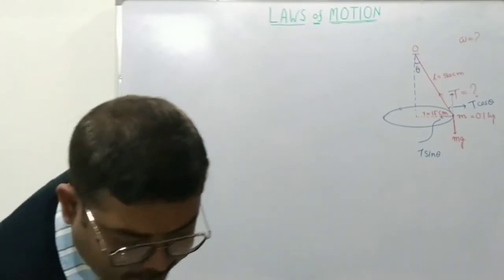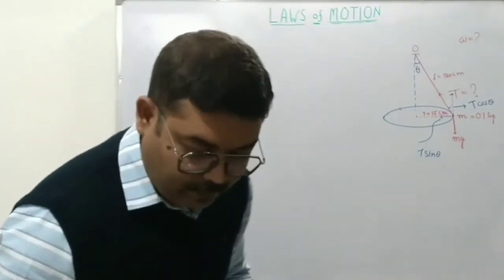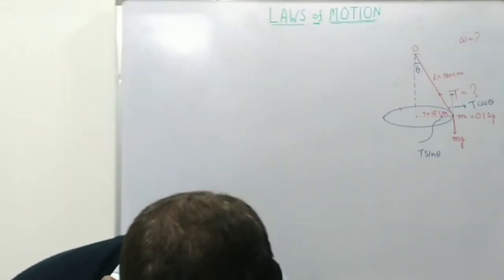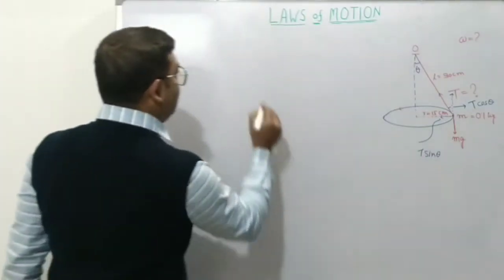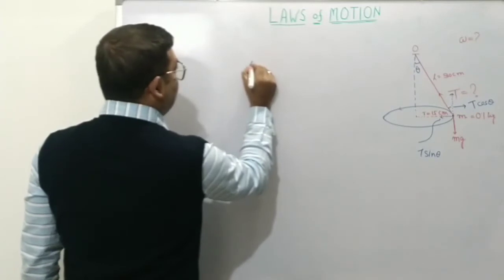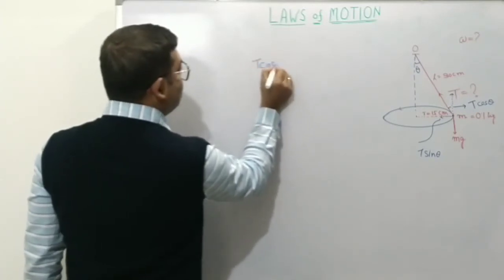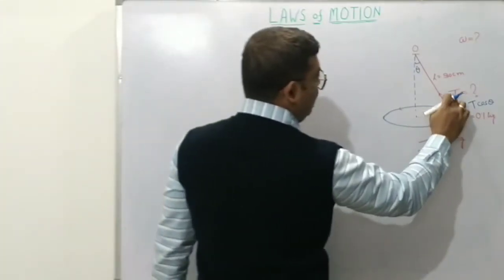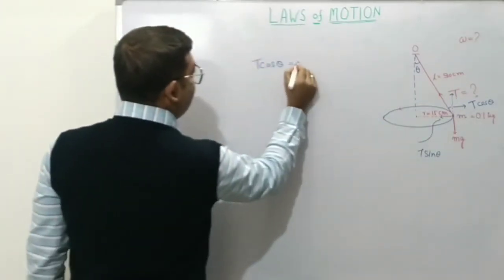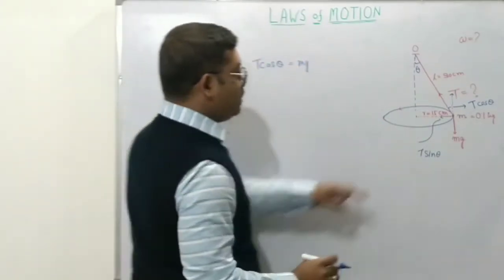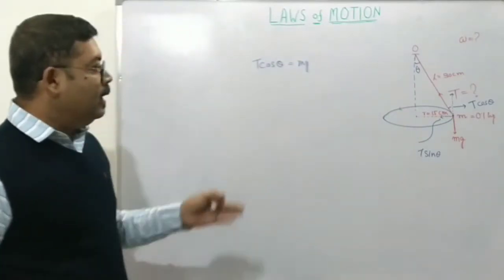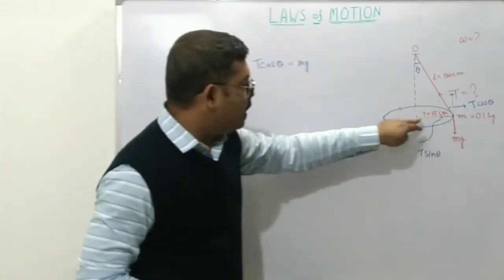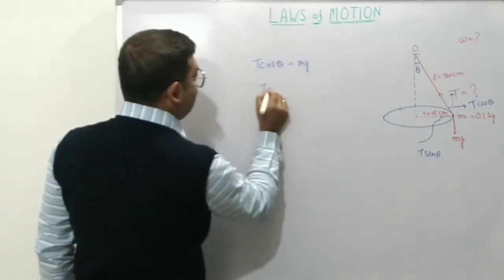Now, if we consider the equation of motion in the vertical direction, T cos theta, the vertical component of tension, must be equal to mg, because it's a horizontal circle, so there is no acceleration in the vertical direction. Second, in the horizontal direction there is a force T sin theta.